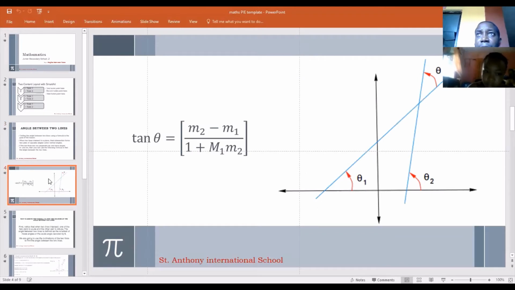The formula for finding angles between two lines is known as tan theta equals M2 minus M1 all over 1 plus M1 multiplied by M2, all in brackets. Can you write that down?